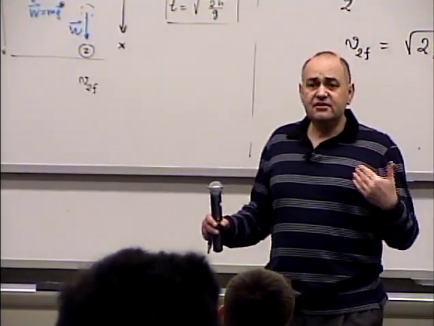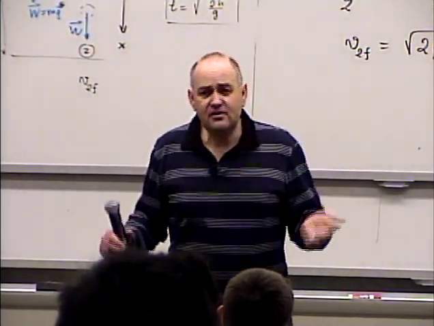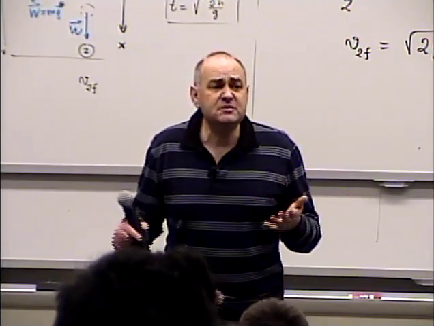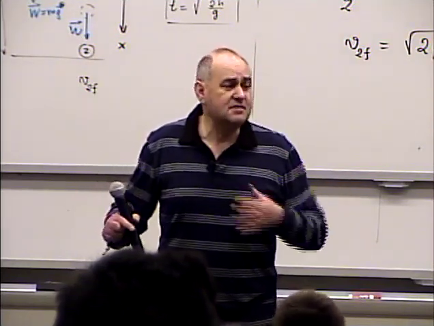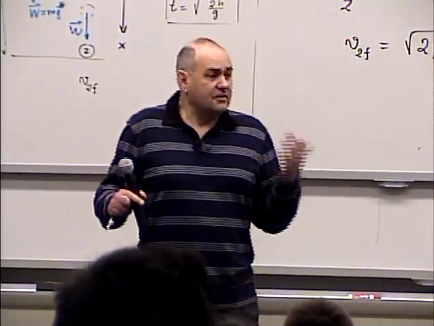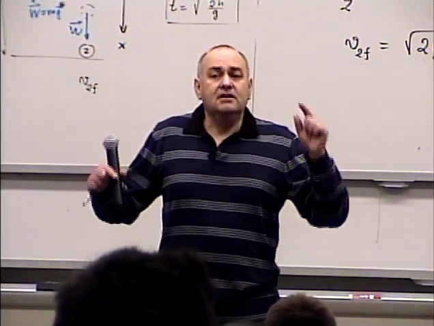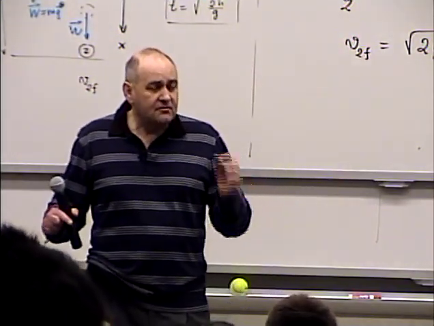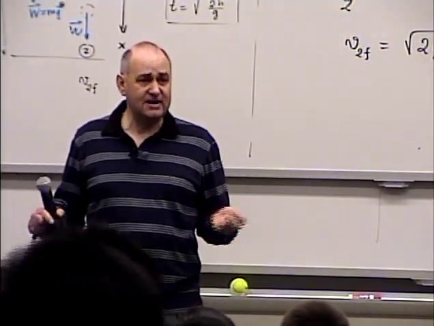Because for conservative interactions, I want to avoid calculating work directly from the definition, because in principle it's integration. It's always integration. It happened so easily over here because the force was constant, so it's trivial to integrate. But for conservative interactions, we'd rather use the concept of potential energy. According to the definition of potential energy, work from one location to another is opposite to the change in potential energy.